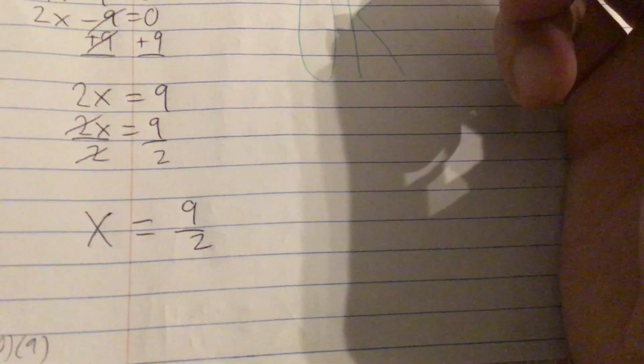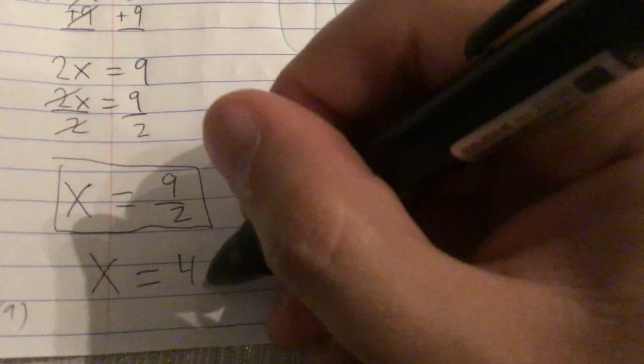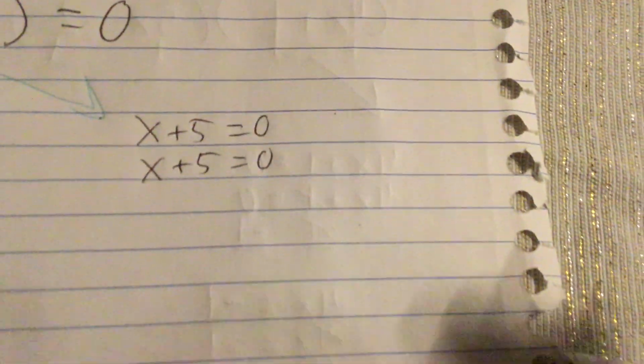So now I get x is equal to positive 9 over 2. It's a reduced fraction. Even though it's improper, it's still a reduced fraction. If you're on team fraction, it would be 9 over 2. If you're on team decimal, like me, 9 over 2 is 4.5. These are equivalent values.